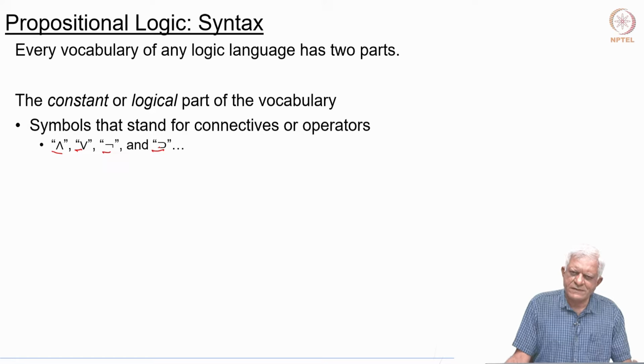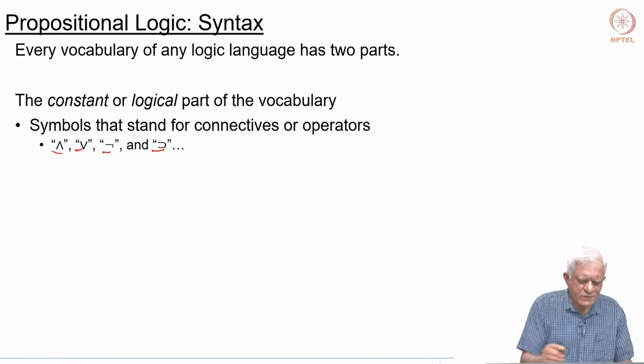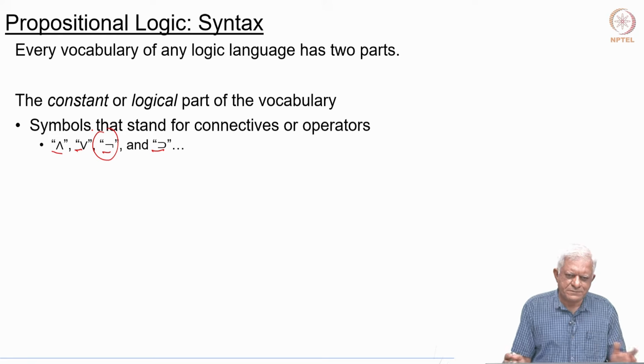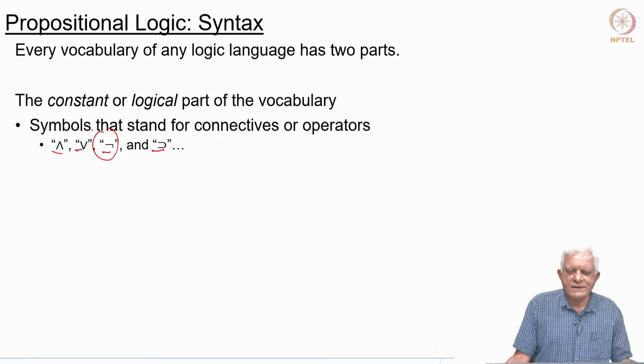As far as syntax is concerned, this is just a connective. We know that negation is a unary connective and the others are binary connectives. A unary connective takes one sentence and gives you a new sentence. Binary connectives take two sentences and give you a new sentence. These are just connectives that are going to be useful for us.